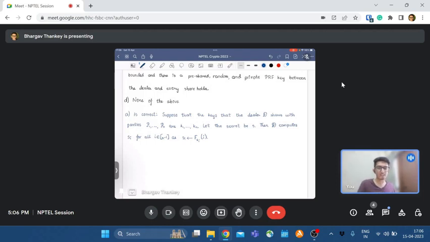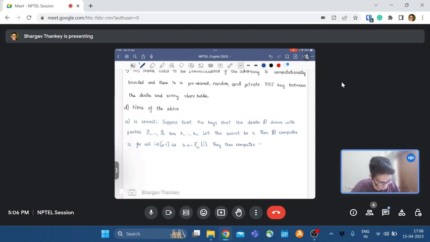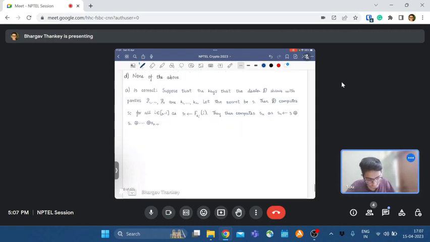Now, using these, it computes Sn as S XORed with S1 to Sn minus 1. It shares Sn with Pn.